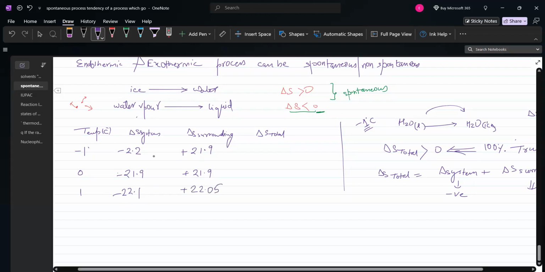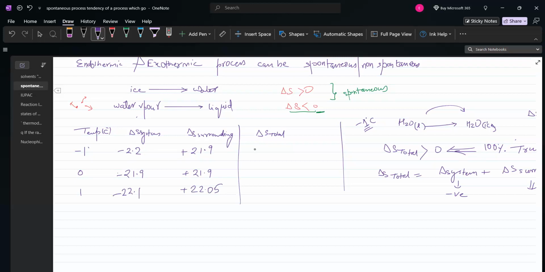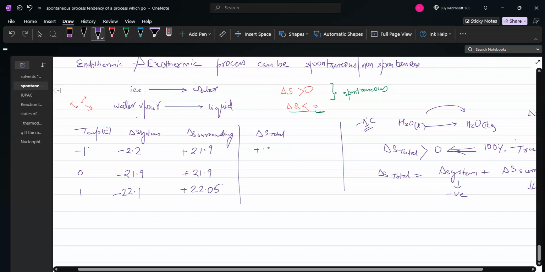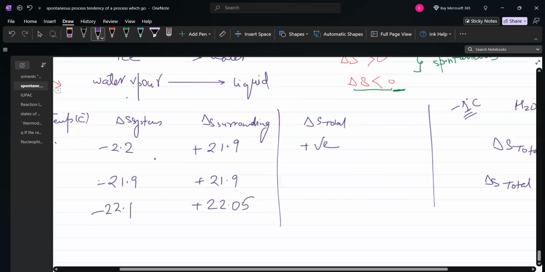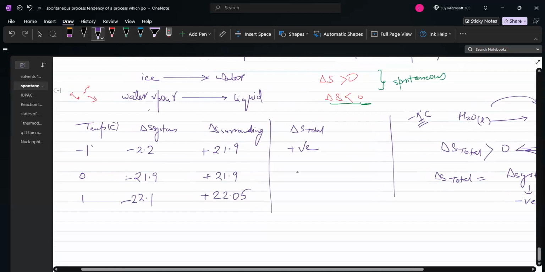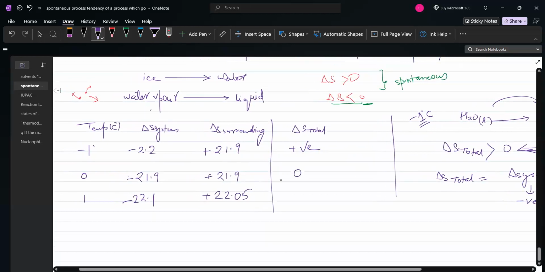When we calculate it, at -1 degree Celsius, delta S total is positive, 21.9 here, and here it is -2. Rounding off, at 0 degree delta S total is 0, and here delta S total is negative.